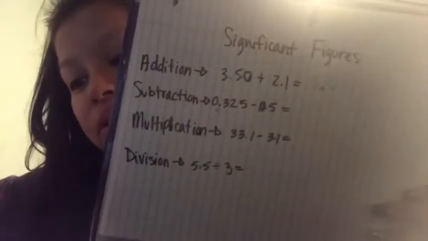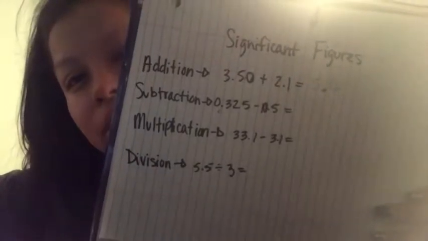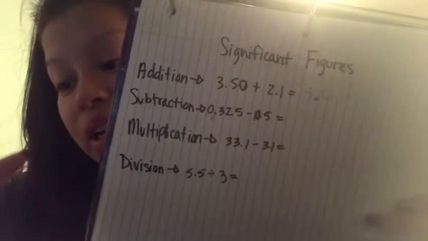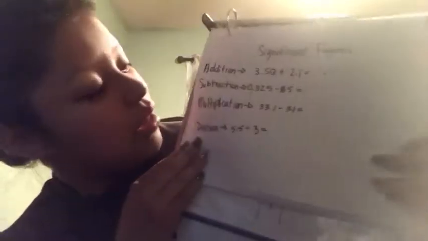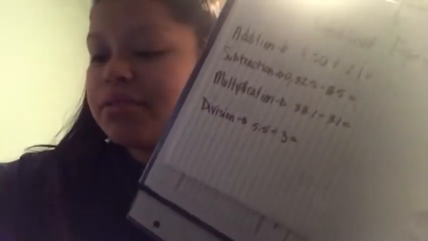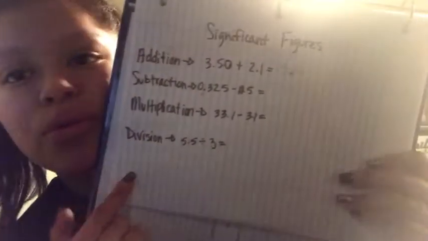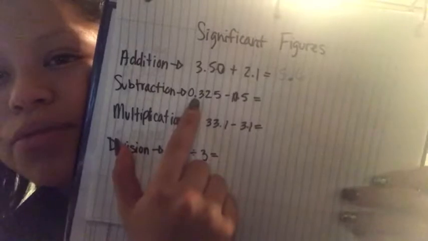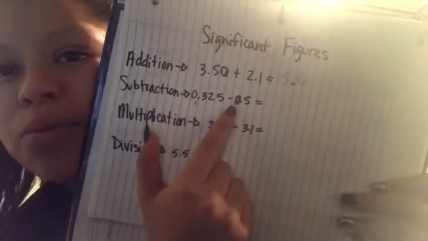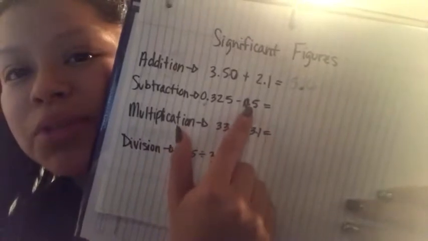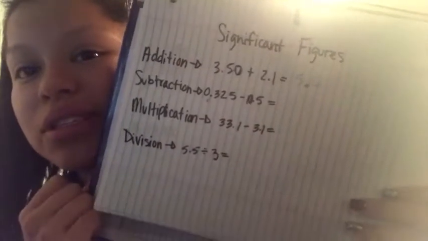Okay, so for subtraction, we have 0.325 minus 10.5. We have 3 sig figs here and 1, 2, 3 sig figs there, since the 0 is in between, so that counts as a sig fig.